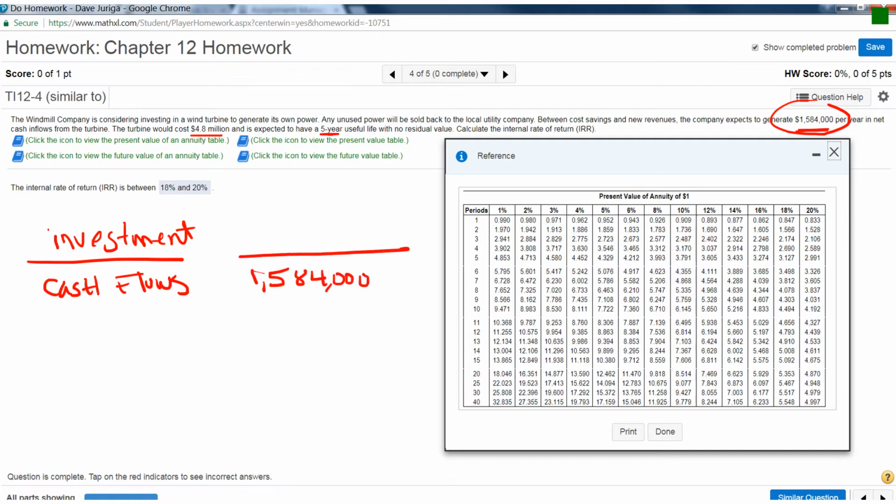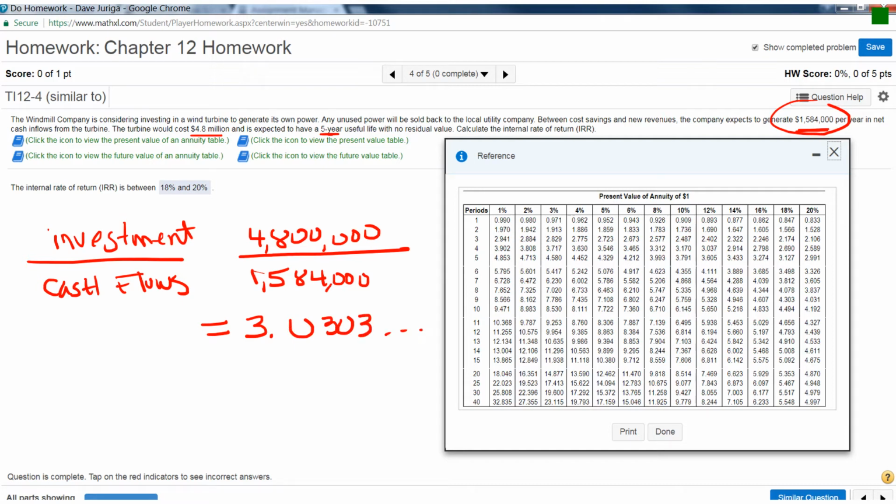And our investment was $4,800,000. Because it's an annuity, you just divide this by the $1,584,000, and that's going to give us an index number. That's going to give us right around 3.0303. Again, it keeps going.